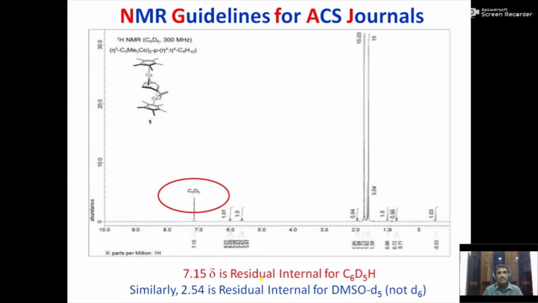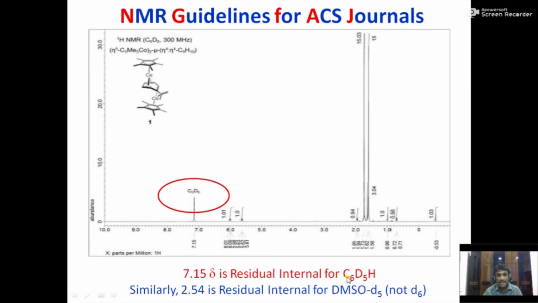Now, if you have a glance at the NMR guidelines for ACH journal, then you can see that I have told you, if you are using deuterated benzene, the peak is appearing at 7.15.